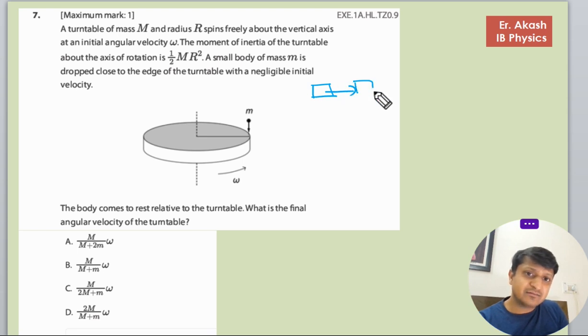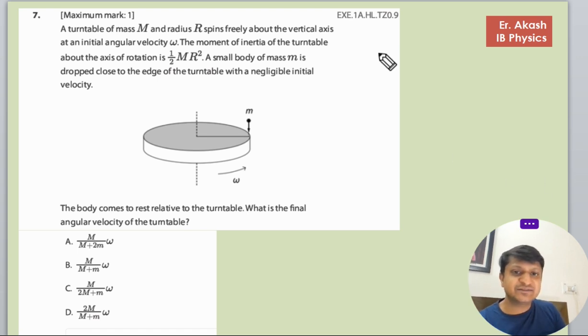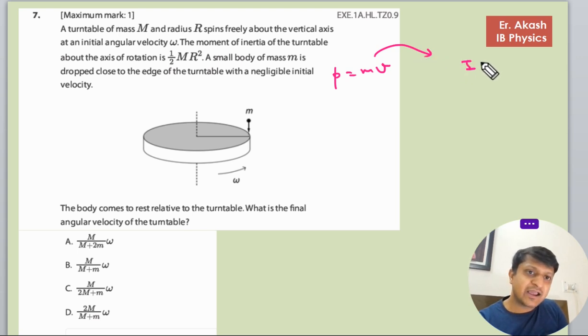In these questions, you must have learned in translational motion, whenever there is some body and bodies collide with each other, the momentum remains the same, that is constant. So in circular rotational motion also, the momentum of the body remains the same. So we will use that principle, that the momentum, that is mv, we will convert this formula, and it will become I omega.